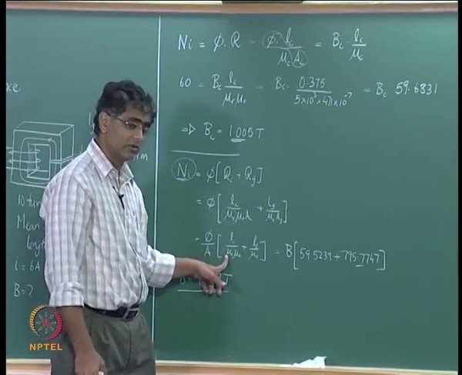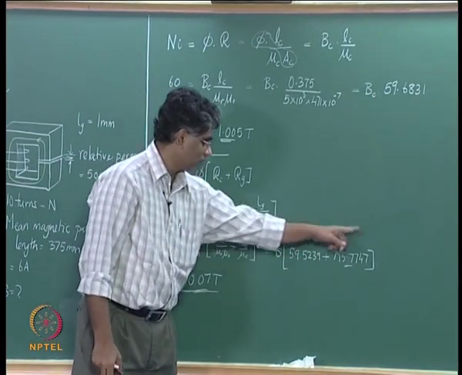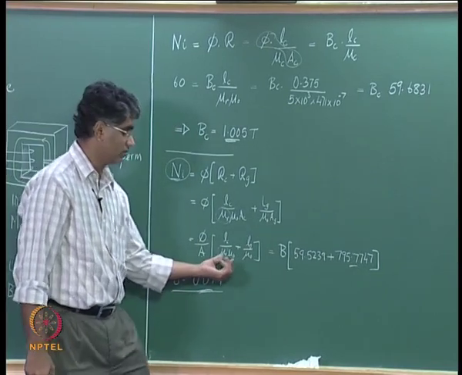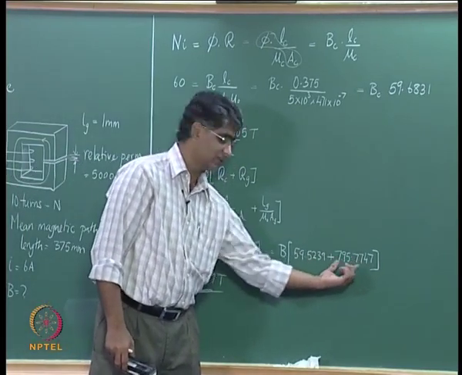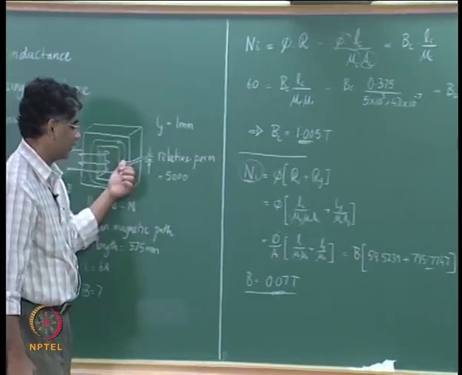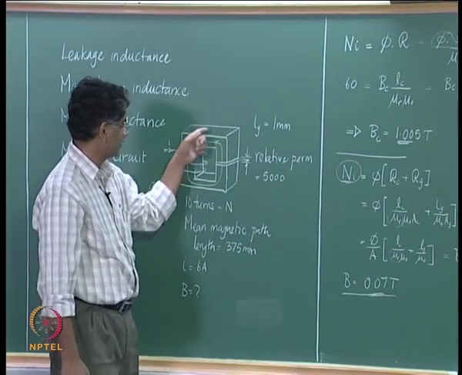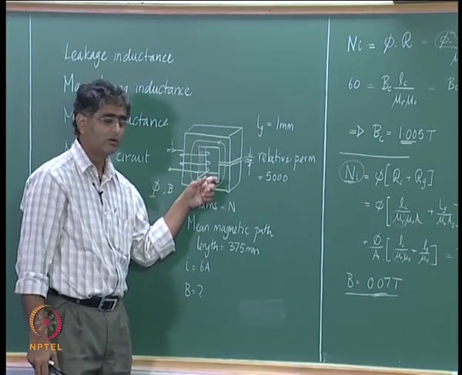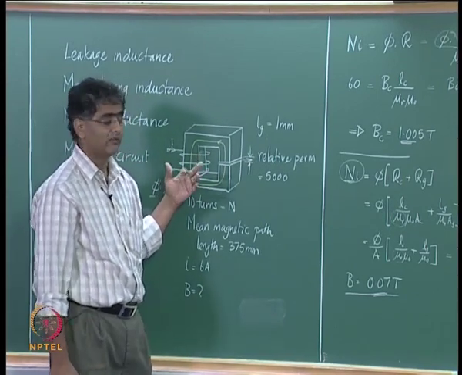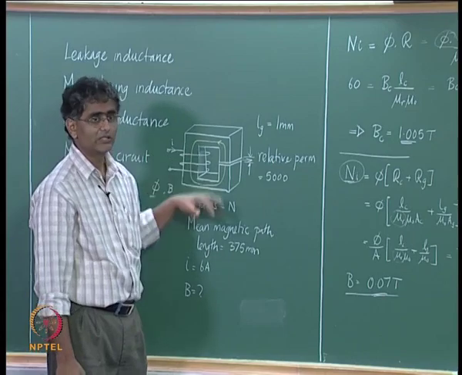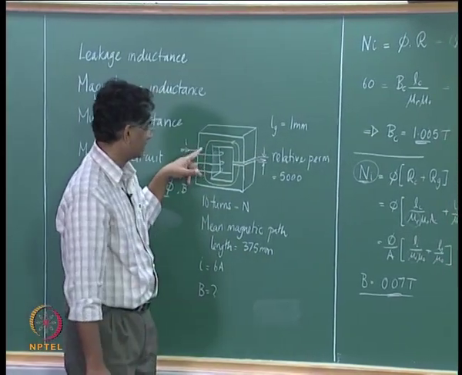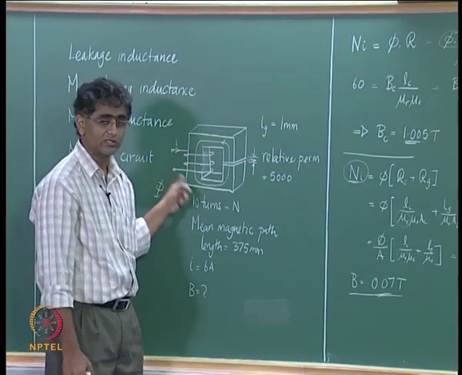Even if mu r is going to change, you see that over the addition of these two, the effect is not likely to be very high, because this number is substantially higher than this number, and therefore if you have an air gap, change in the iron material due to levels of B being higher or lower is not going to substantially affect the value of B, which is an effect which is good, because it helps you fix the level of B irrespective of changes in the material.